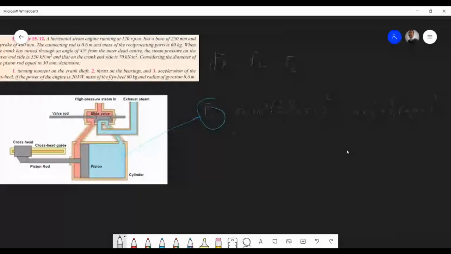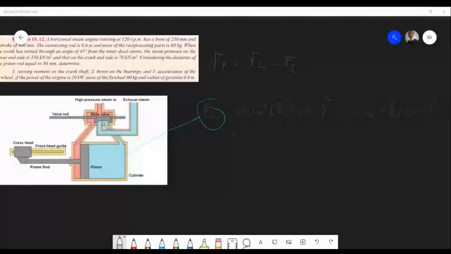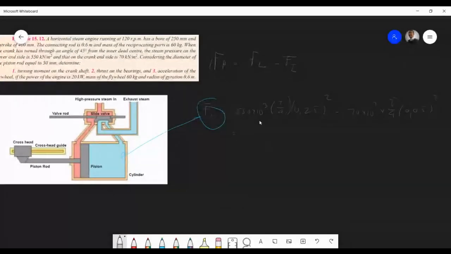Okay, so 70. Is this MPa or kilonewtons? Kilopascals. 0.05, and you should get 0.25, 70. I think, am I missing something here? I am, yeah, and I'm correct.